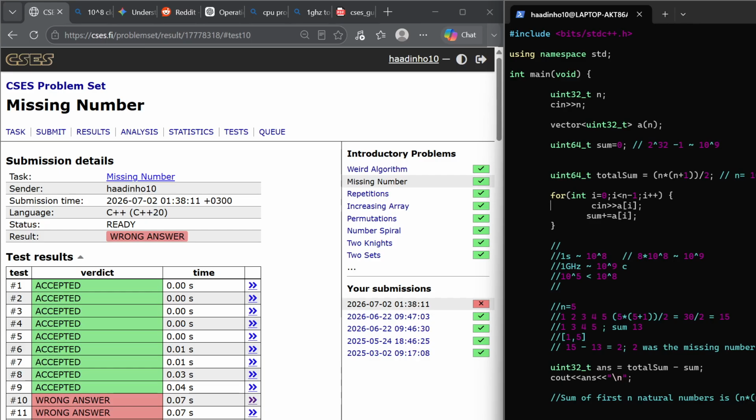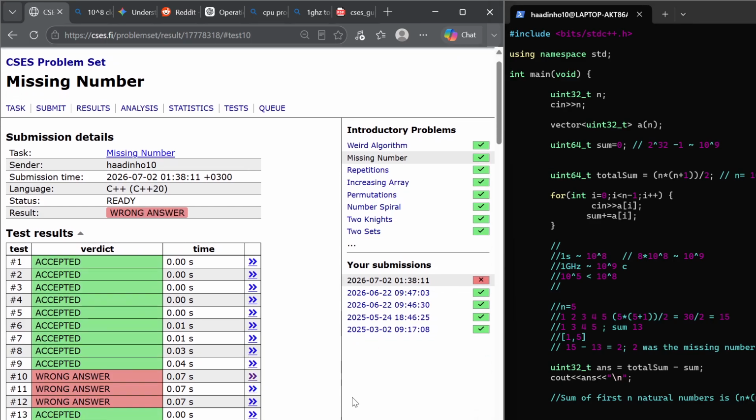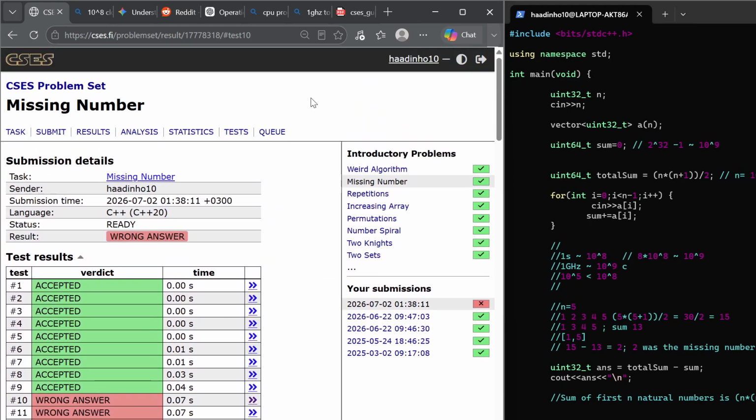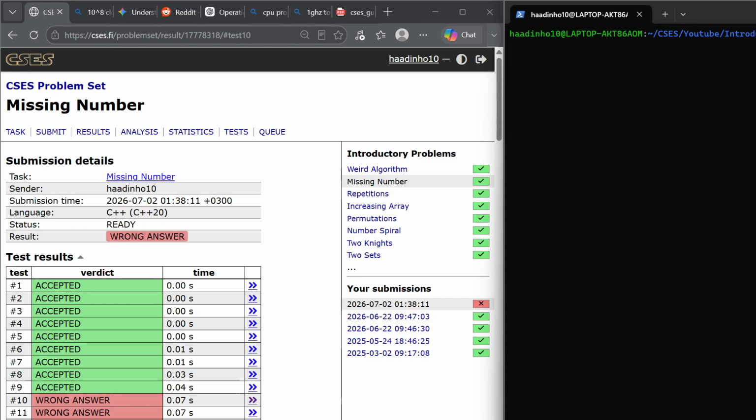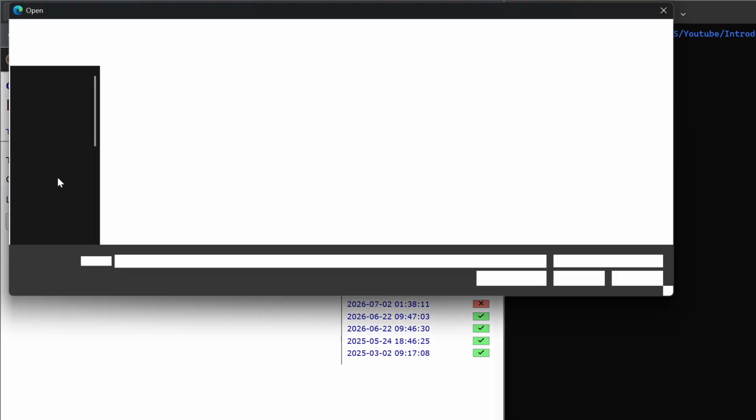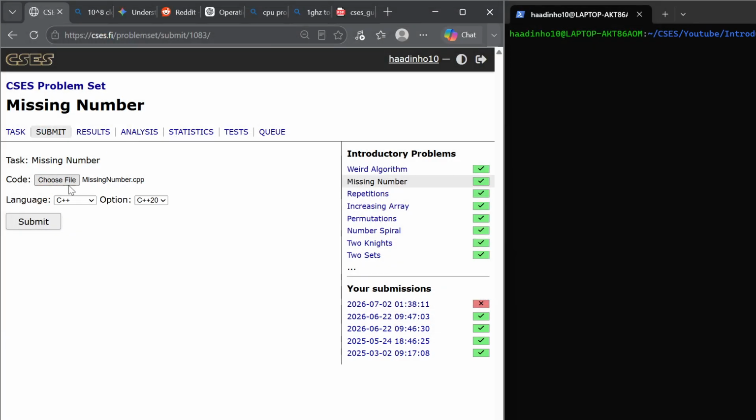Thanks to the constraint, we can be certain that it is not going to exceed this value, as the maximum is 10 power 5. Now if I run this, okay, let me submit this again and see what's going to happen. Missing number.